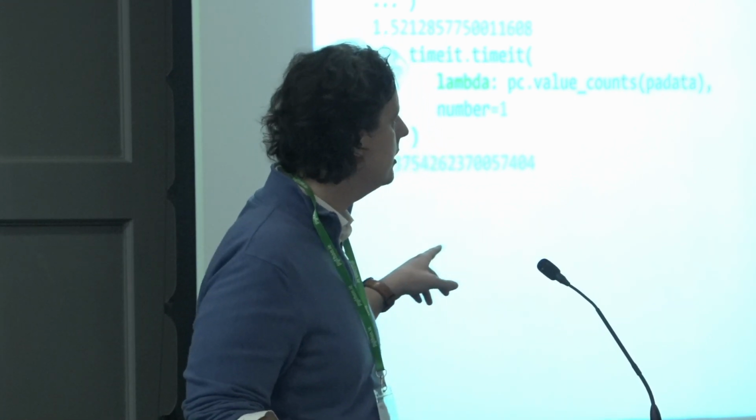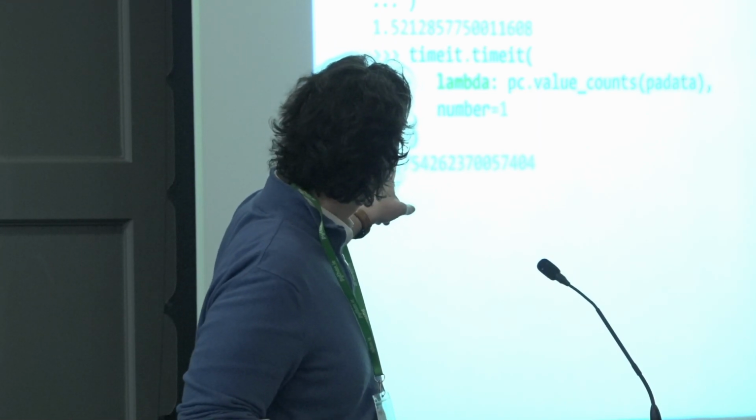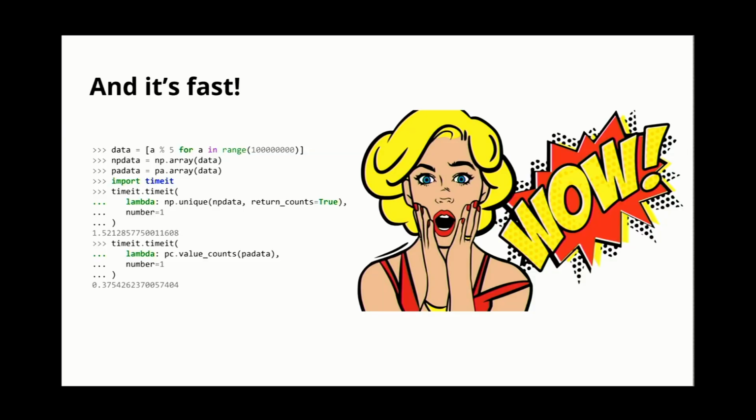So for example, here you can see the comparison between finding all the unique values in an array. In one case, I'm running NumPy unique, which will tell me the unique values and how frequently they appear in the data. And in the second example, I'm using PyArrow value_counts over a PyArrow array, which does the same exact thing. So it tells you which are the unique values and what their frequency is.